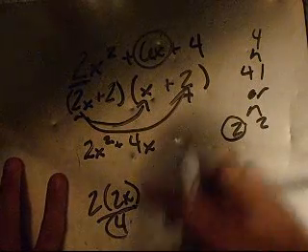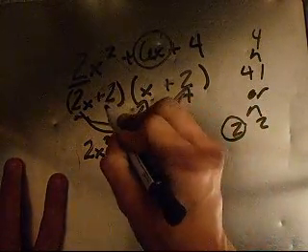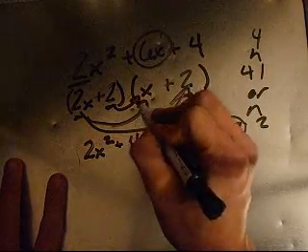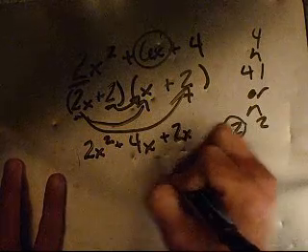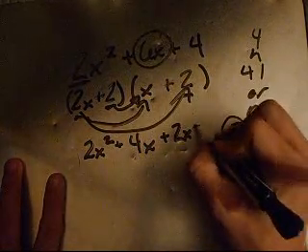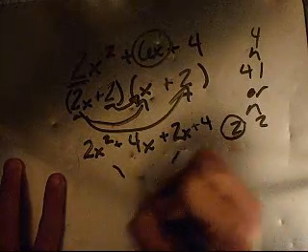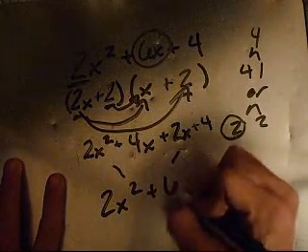So it would come out to plus 4x. But the other 2 is exactly the same, and it would just time by the x. So it would be 2x. So 4x plus 2x would equal 6x. And 2 times 2 equals 4. Which we would come out to the exact same polynomial that we started with.